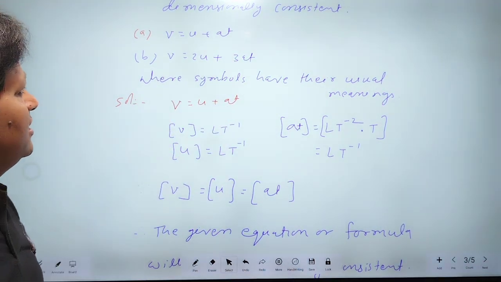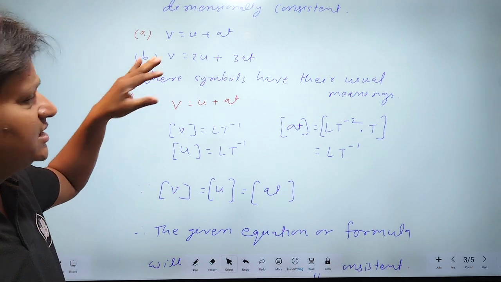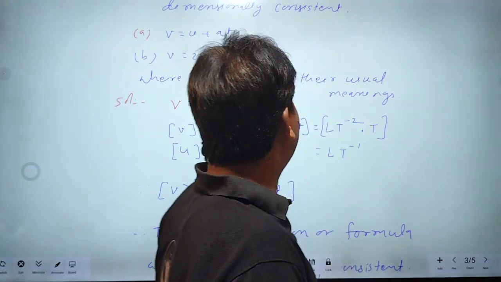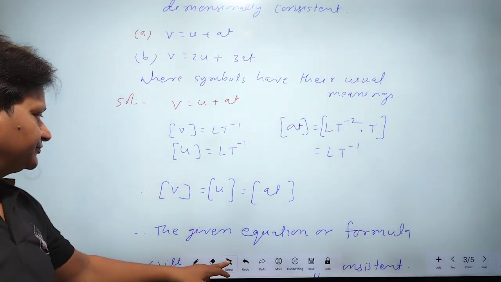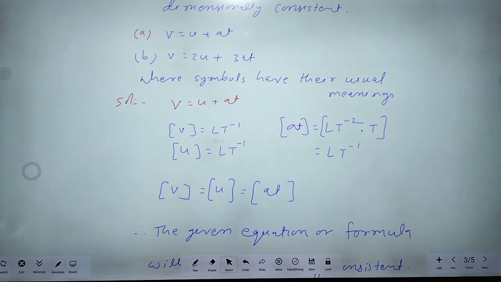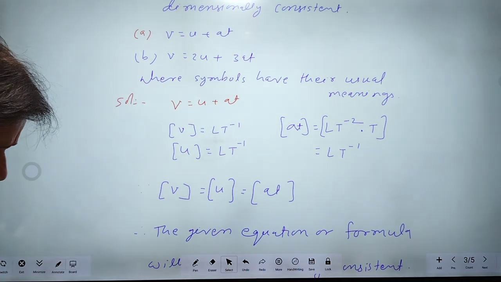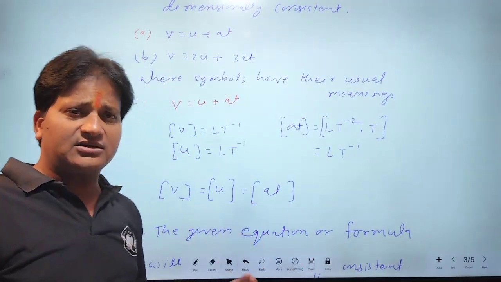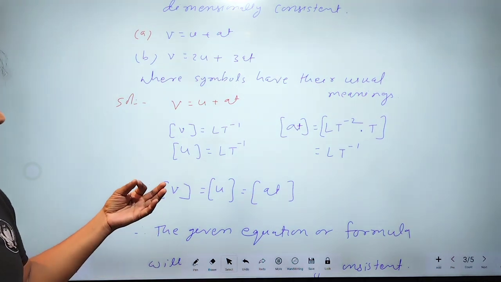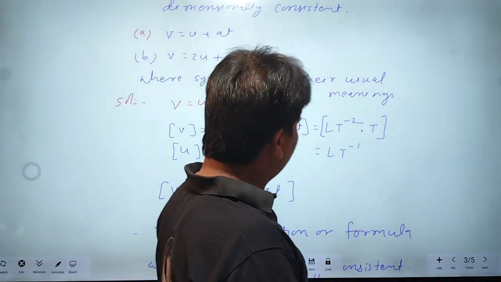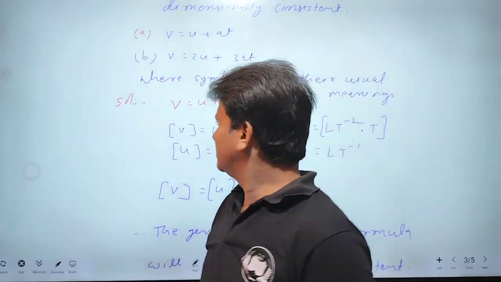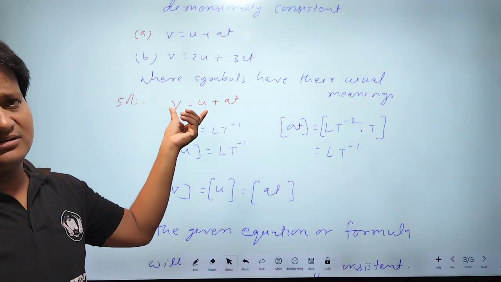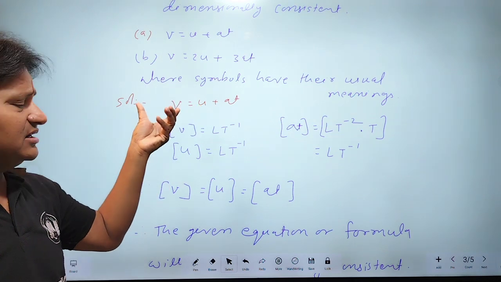This means u is initial velocity, v is final velocity, a is acceleration, t is time. Is this formula consistent or not? Is this formula physically correct or not? First of all, I am going to check whether it is consistent or inconsistent.